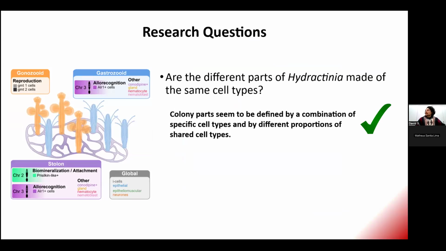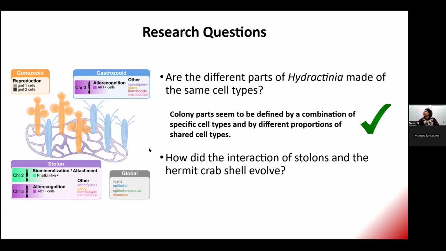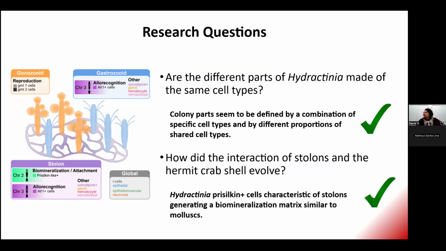So what can we get from this to help answer the second question that we had? How did this interaction of stolons and the hermit crab evolve? We see that the pre-silkin positive cells in the stolons are capable of generating a biomineralization matrix that is very similar to mollusks.